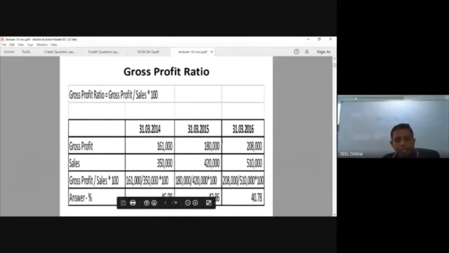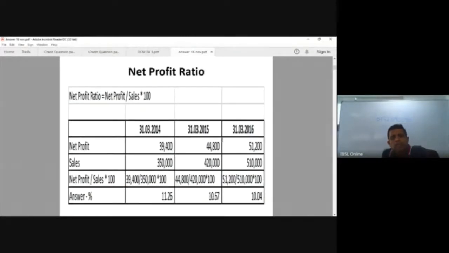Right. The second ratio under profitability is the net profit ratio. Here you have to take the net profit after tax divided by sales. In 2014, net profit after tax is 39,400, divided by sales of 350,000.